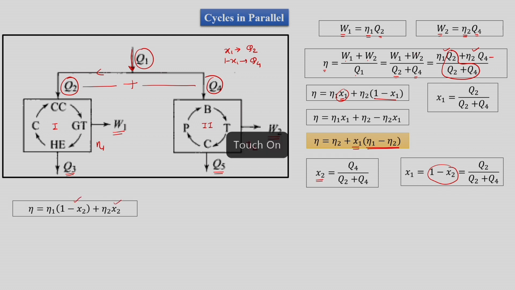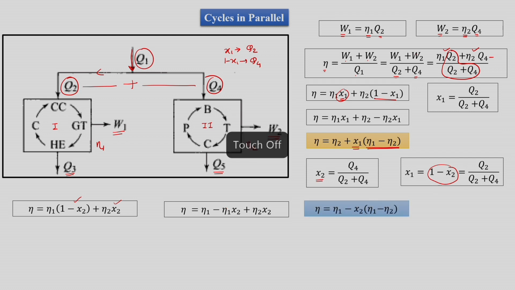Expanding this, we can write eta is equal to eta 1 minus eta 1 x2 plus eta 2 x2. This leads to a formula equivalent to the earlier one, only now it is in terms of x2 and the earlier formula is in terms of x1.